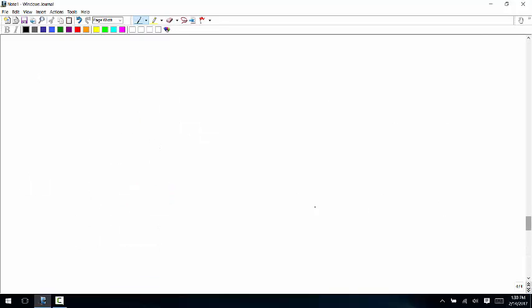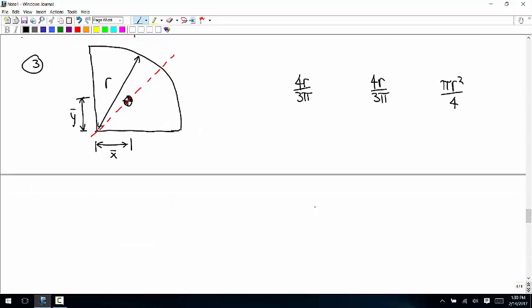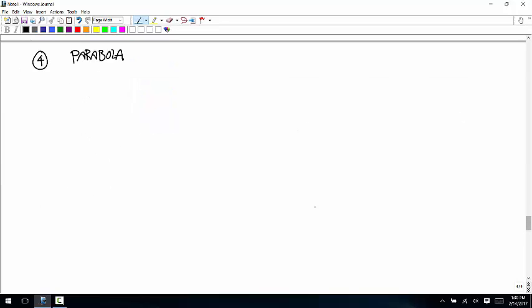There's 2 more. The fourth one is a parabola. A parabola has a line of symmetry down the middle.